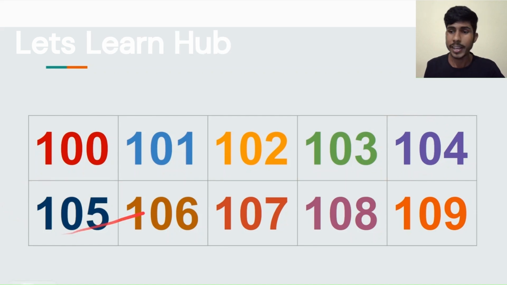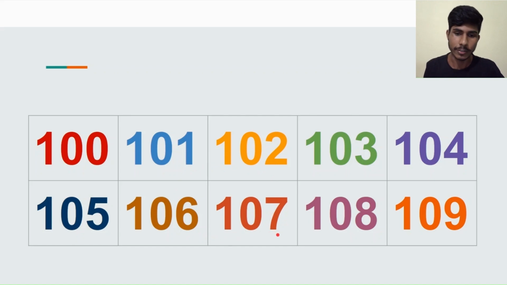Again we need to change this 4 to 5. We get 105. And we need to change this 5 to its next digit. What comes after 5? 6. So we got 106. And again we change the 6 to 7. We'll get 107.